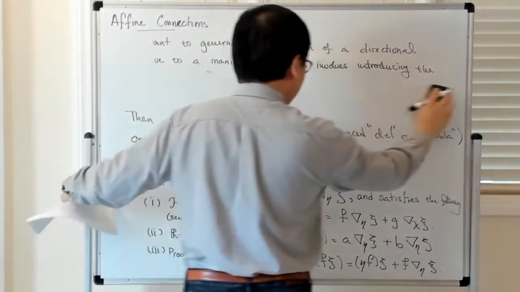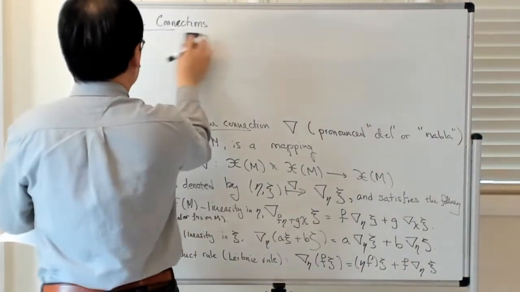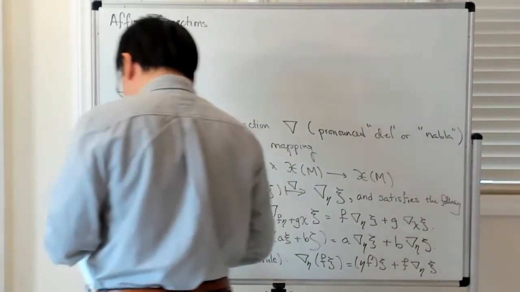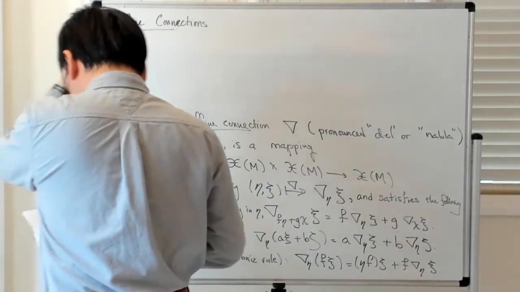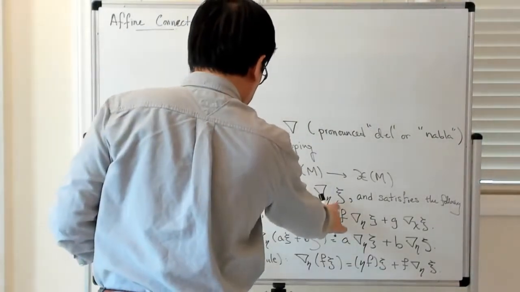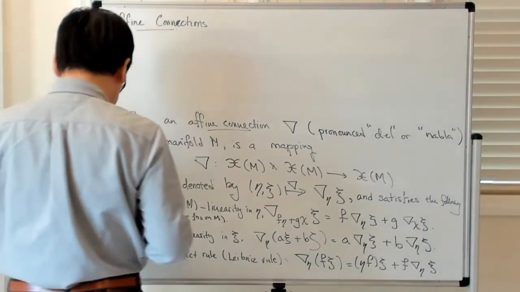Okay, all right, so these are the three properties which involve introducing this notion of an affine connection. And once you have this affine connection, this object becomes what is called the covariant derivative.